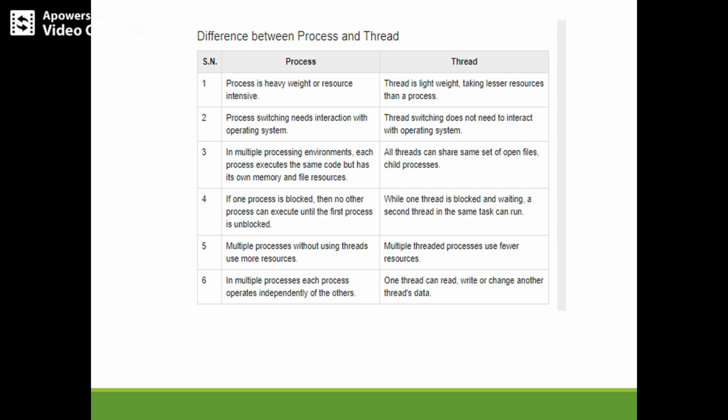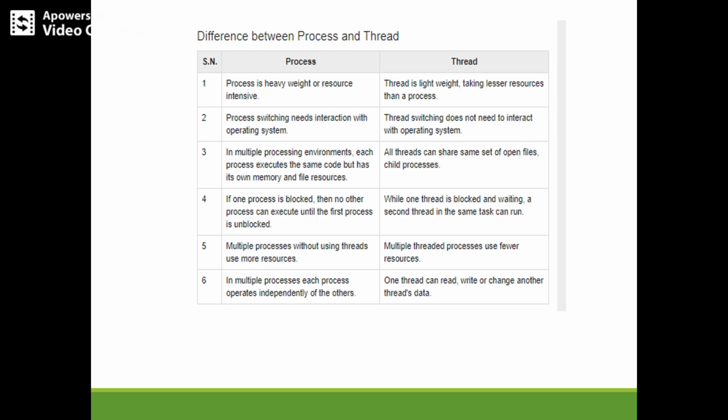That is, one process will be writing the data, one process will be reading the data, but that is not the case when you see threads. Threads use fewer resources, whereas processes use more resources. And threads share a lot of things like open files or child processes. So these are the basic advantages of threads versus processes.